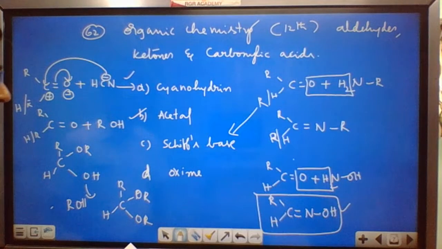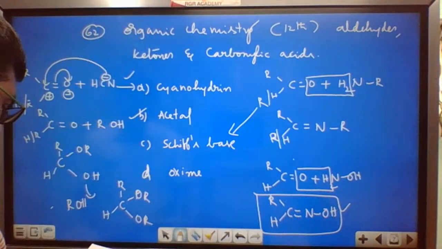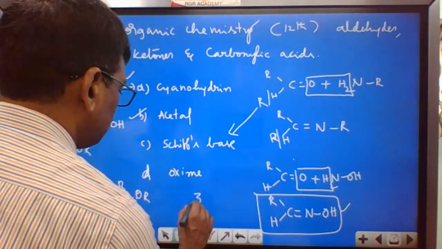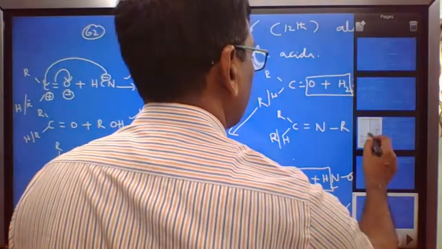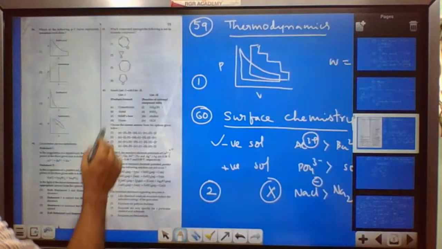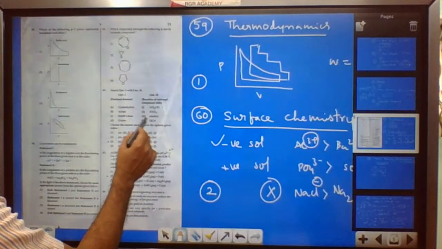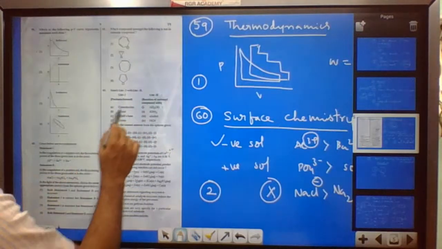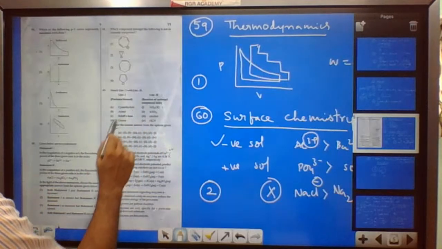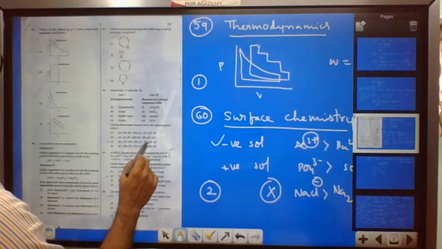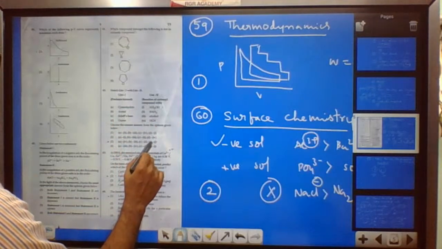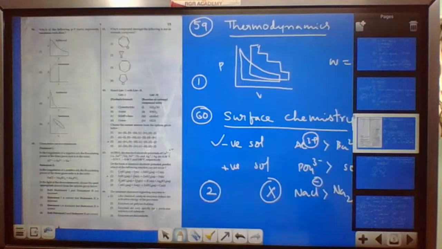So the right option for this is 3. We'll go to the question once again. Cyanohydrin, HCN, A is 4, correct. Acetal, alcohol, 3 is correct. Schiff base is 2, that is correct. Oxime, 1 is correct. So this is about the organic chemistry question.